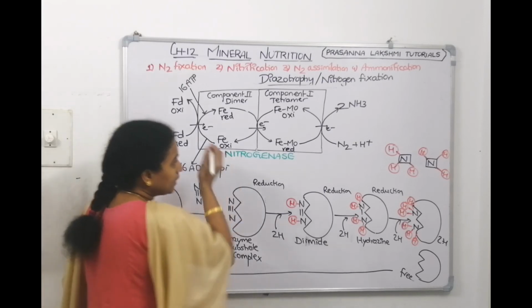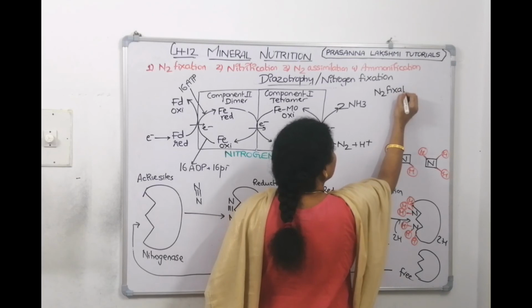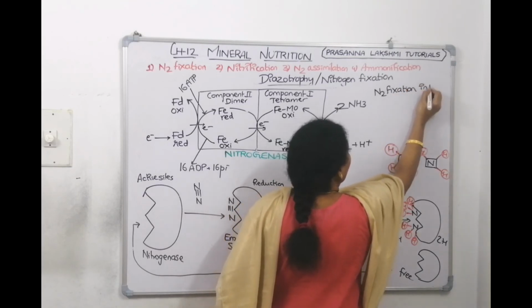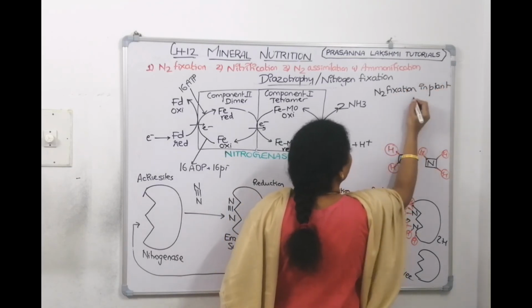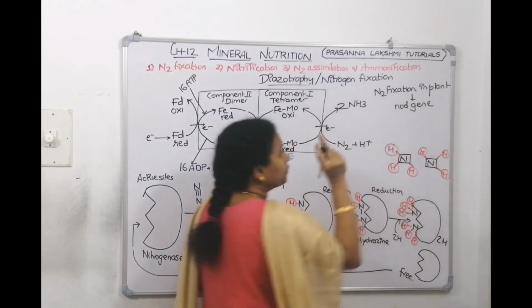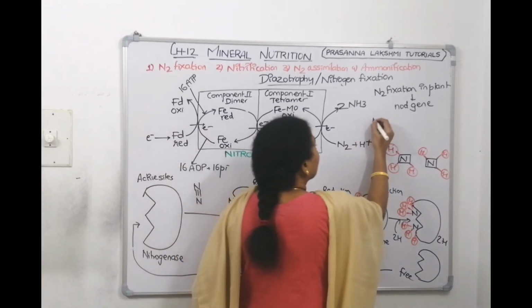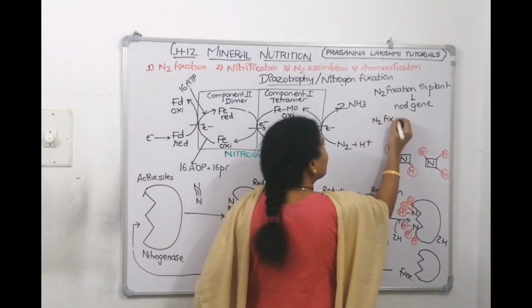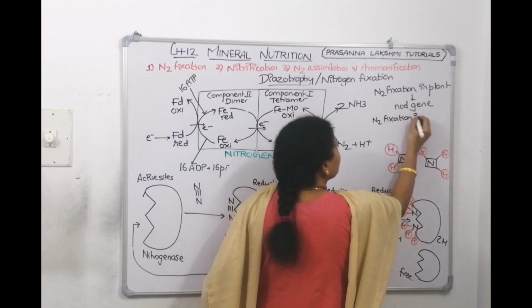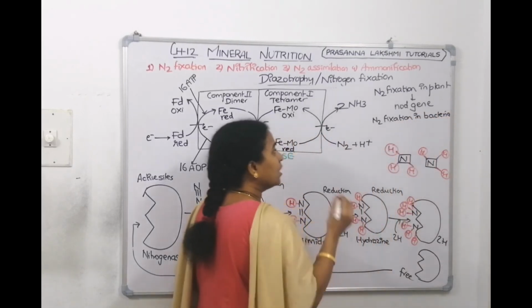So I will write here, nitrogen fixation in plant is controlled by a gene called NOD gene. And nitrogen fixation in bacteria is under the control of 3 genes.